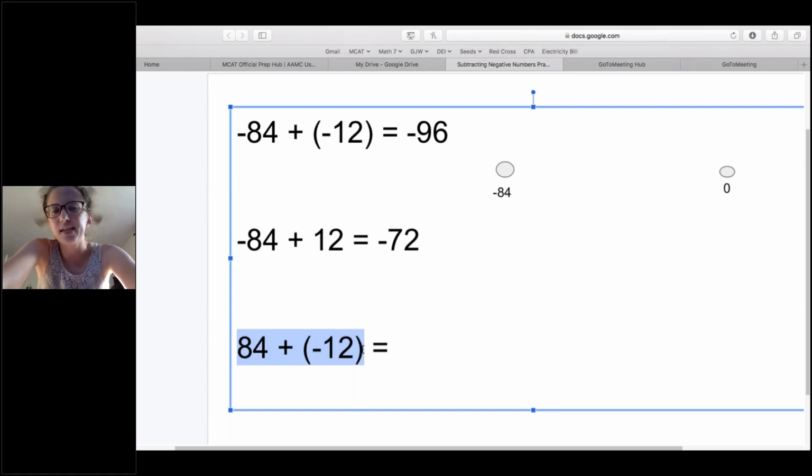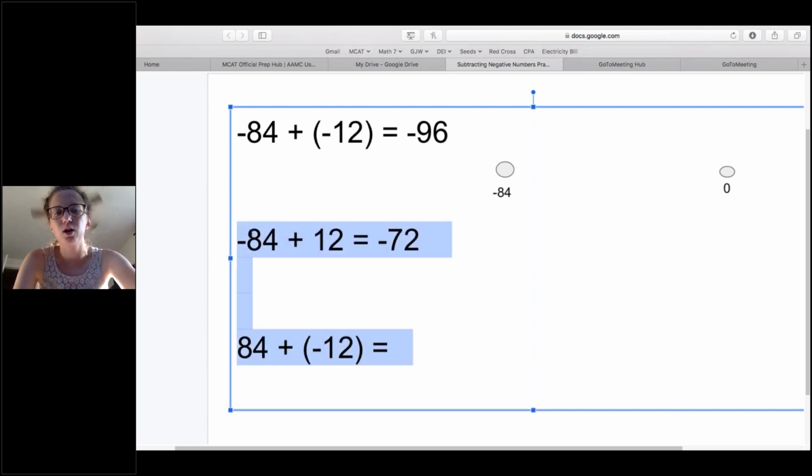And what makes it different from the second one? It's different because it's +12 and the other one is -84. So both of the signs switched. So those are two things that are different. Can you think about something that makes these two problems similar to each other? It's just a plus sign.